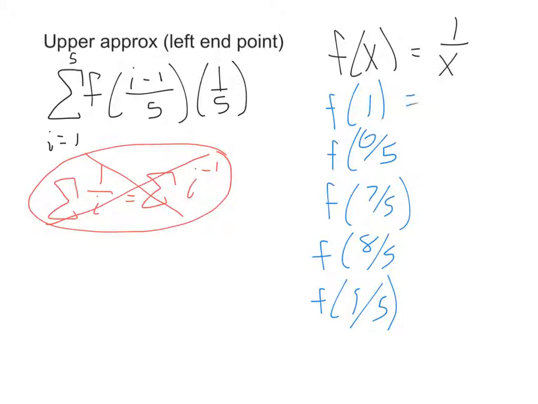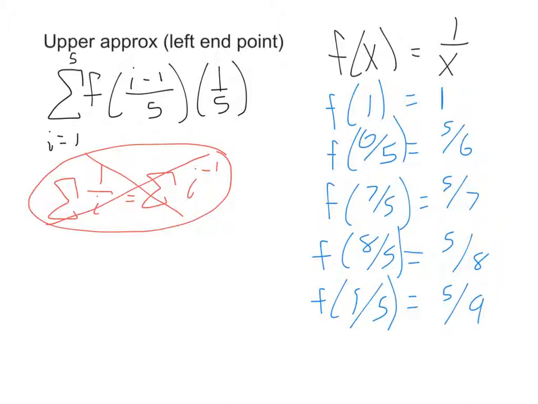Alright, so if I plug all of these values into my 1 over x function, well, 1 over 1 is just 1. 1 over 6/5 is 5/6. 1 over 7/5 is, well, you get it, it's 5/7, 5/8, and 5/9.